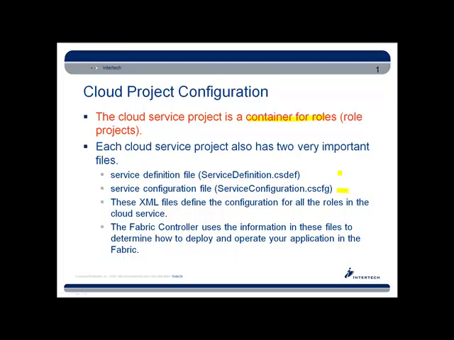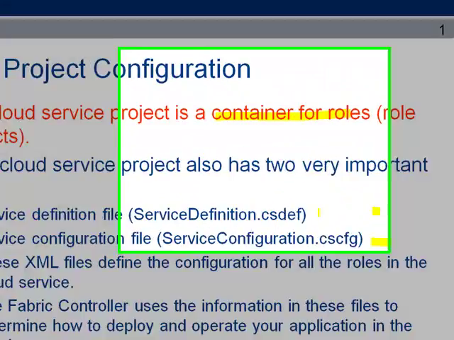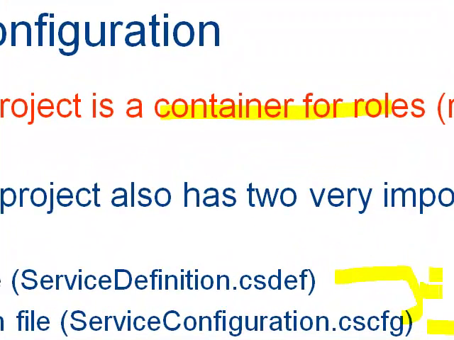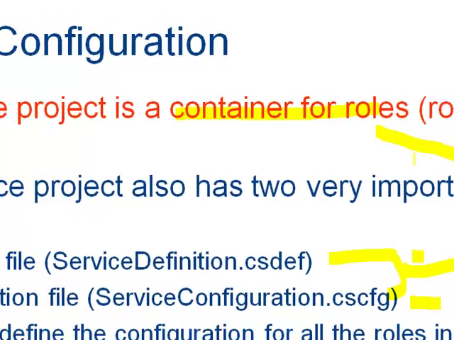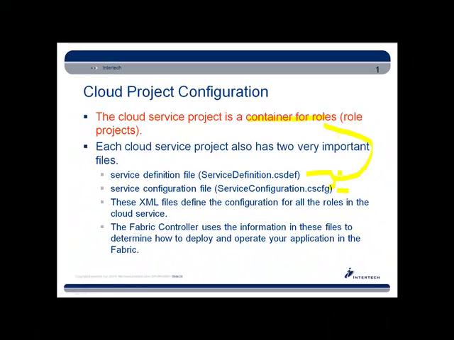So the service definition and the service configuration file, both of these files are again housed in the cloud service project. So not only is the cloud service project a container for roles, it's also a container for our configuration for all those roles. It's the service configuration information that the Fabric controller uses to learn how to deploy and operate our applications inside of that Fabric. Again, Fabric being all the servers and hardware and software that make up the Microsoft data center.